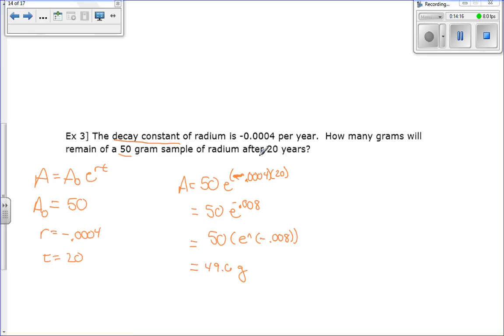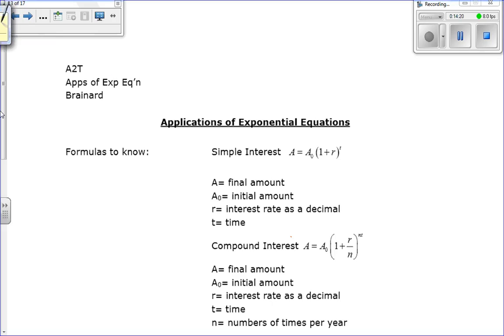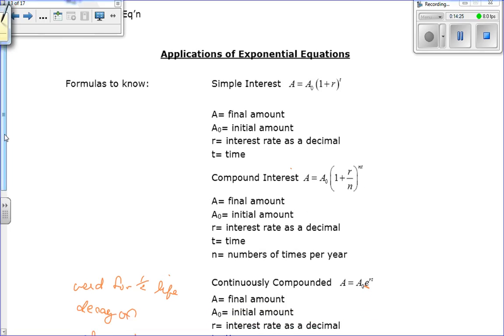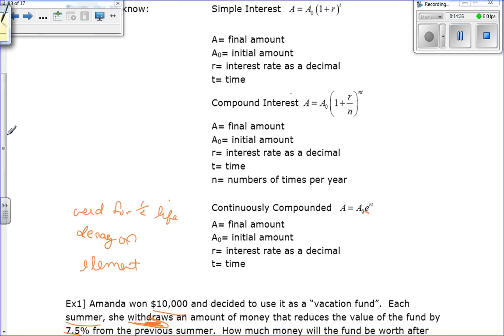So again, just to review our formulas, we have 3 types of formulas. We have a simple interest formula, which involves a final amount, an initial amount, an interest rate as a decimal, and time. And we have a compound interest formula, which we did not do an example of here, but you do need to follow your order of operations.